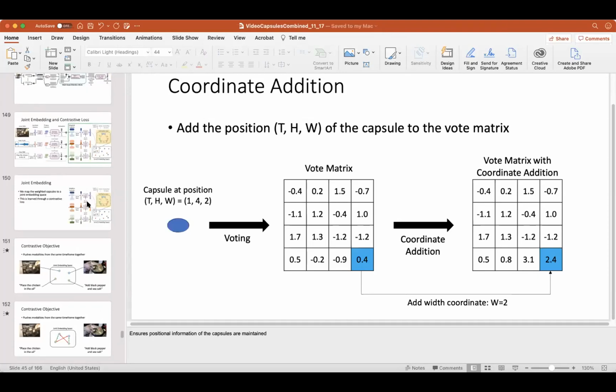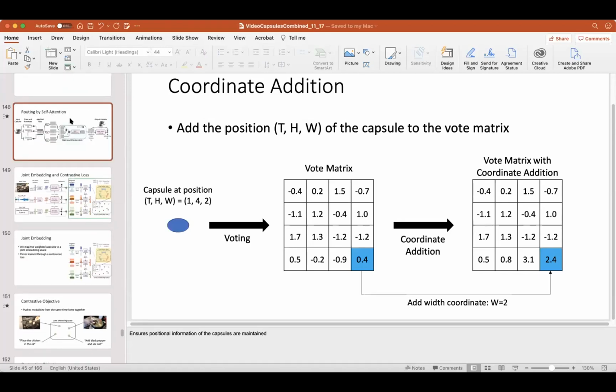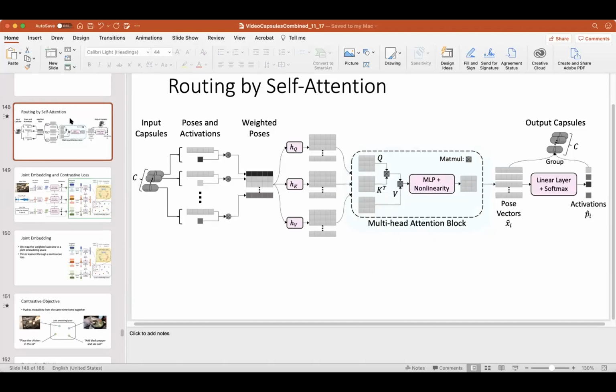But in this case, we're doing subgroups of our already grouped capsules, which is a bit difficult to conceptualize and explain. So you could have multi-head attention to do the routing, but there's not a lot of work that has been done studying that.